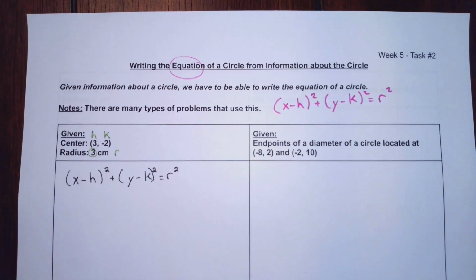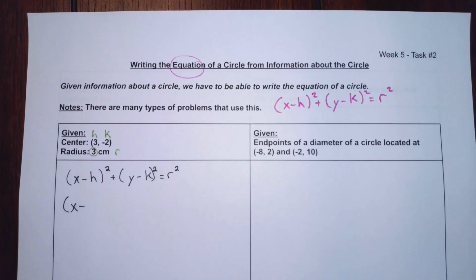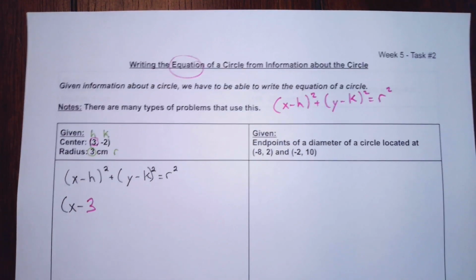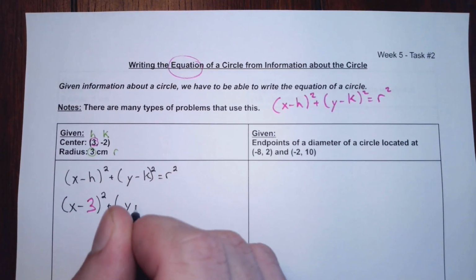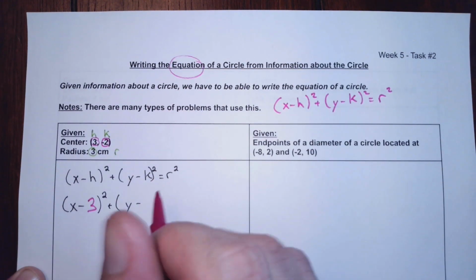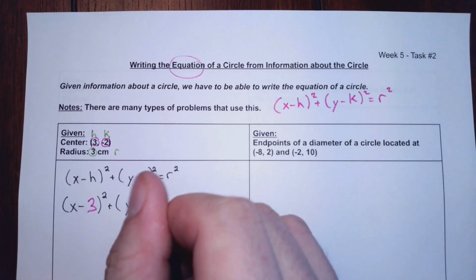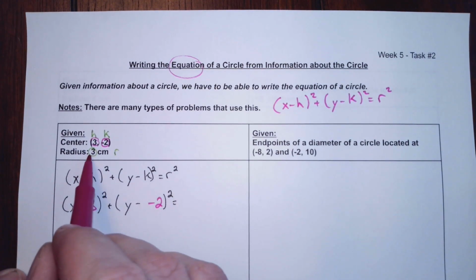So let's just substitute in what we have. We have x minus h, which is 3, squared plus y minus k, which is negative 2, squared is equal to my radius, which is 3.